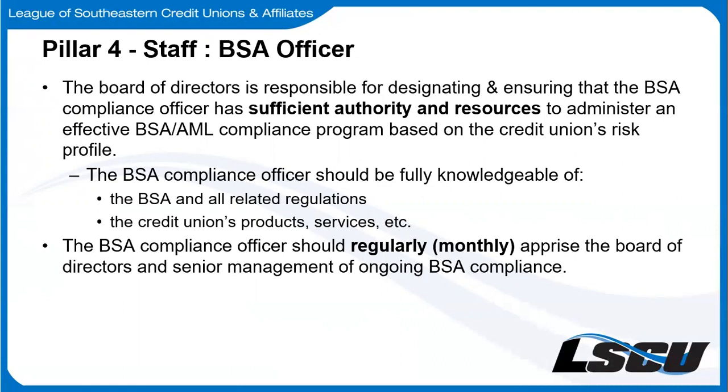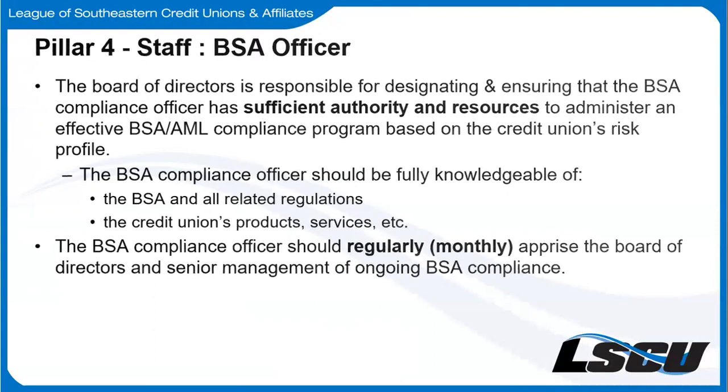The BSA officer should also ensure that they are making the regular, as in monthly, reports to the board of any ongoing or reoccurring BSA activity. Also ensure that your BSA officer is fully knowledgeable of all BSA regulations, as well as how they apply to all credit union products and services.